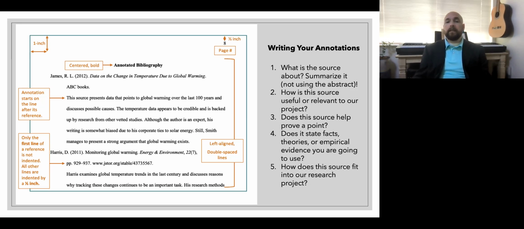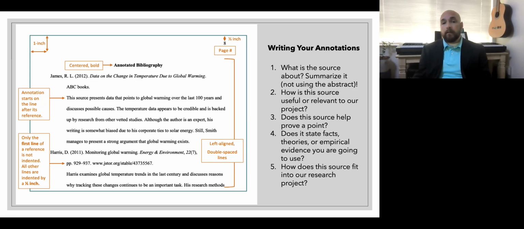Here you would explain if the source is talking about a specific point or idea that helps us better understand certain aspects of your research project. And number 4, write a sentence or two about any facts, theories, or empirical evidence, such as the results of a study that can be useful or relevant to your own.